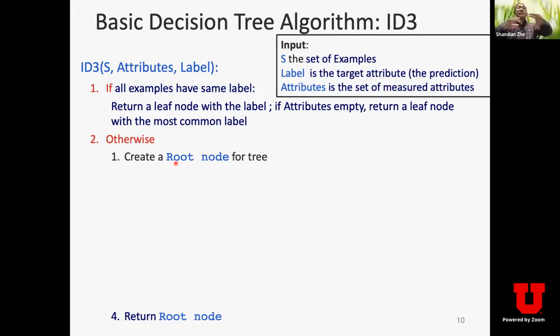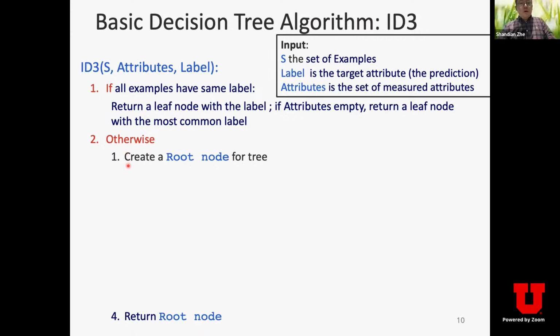However, if we have done some recursive calling, we might arrive at some middle stage, where S corresponds to some subset of examples. Then the root node corresponds to the root node of the subtree. Does it make sense?